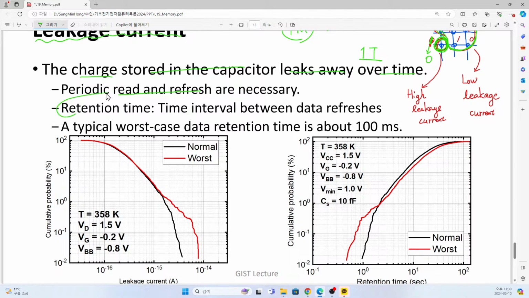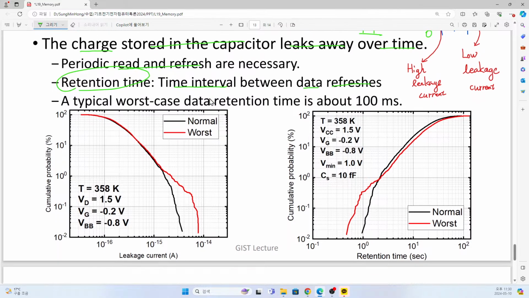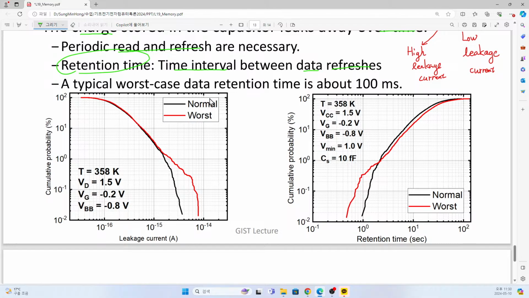Retention time means the time interval between data refreshes. And typical worst case data retention time is about 100 milliseconds, meaning 0.1 second. However, this means that we have to care about the worst device.